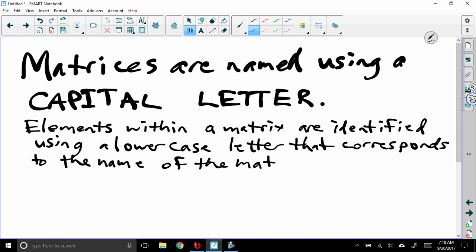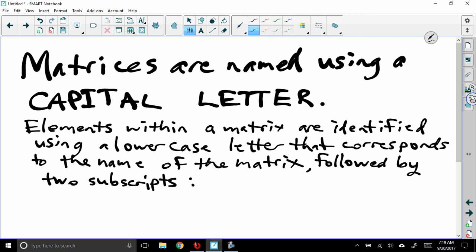So if you name the matrix capital A, you're going to use lowercase a, followed by two subscripts.